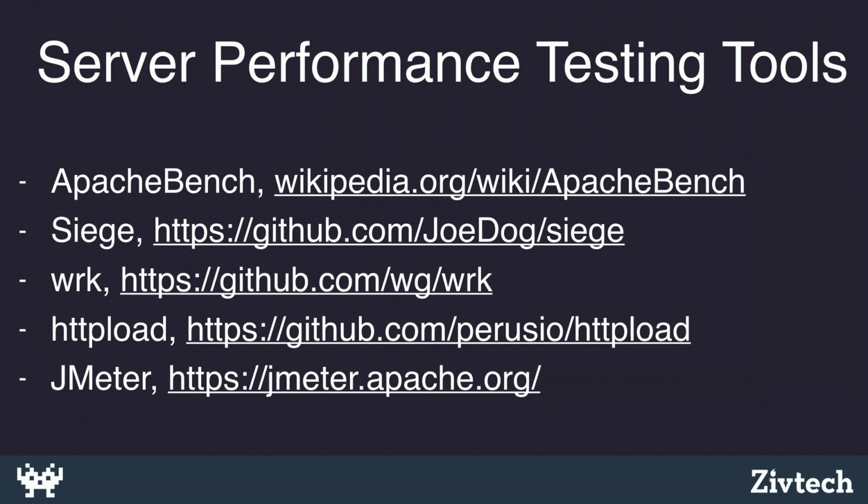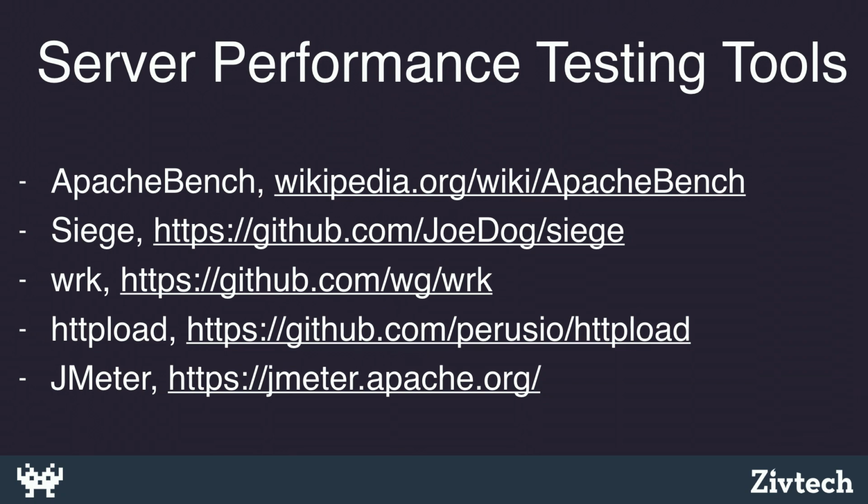So then comes the WRK, or work tool, which is a fairly modern HTTP benchmarking tool that utilizes multi-threading, but also, sorry, I read the wrong line there. The Siege tool can be used to do multiple URLs, but is only a single threaded thing as well.